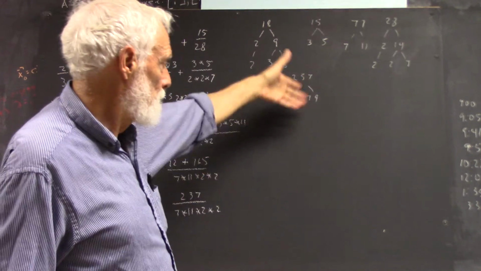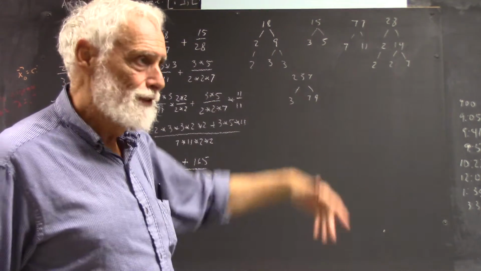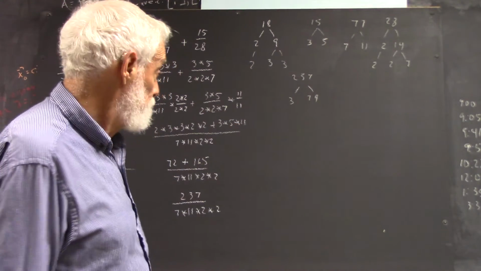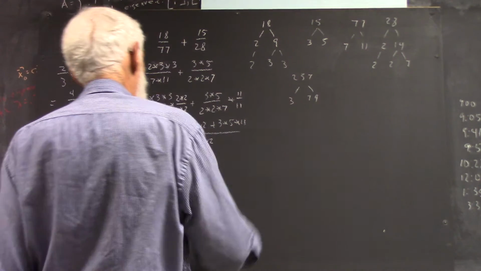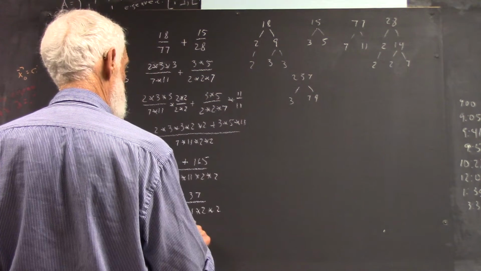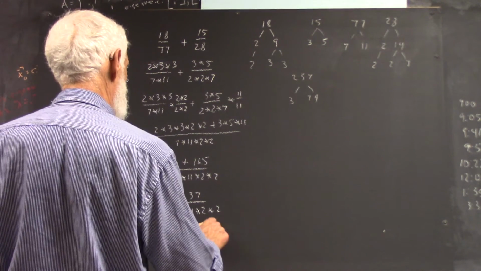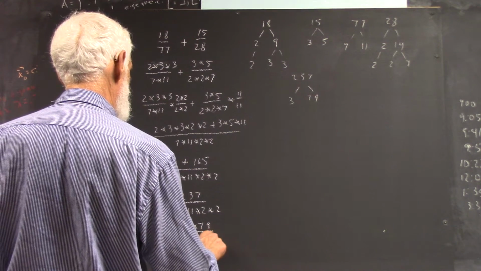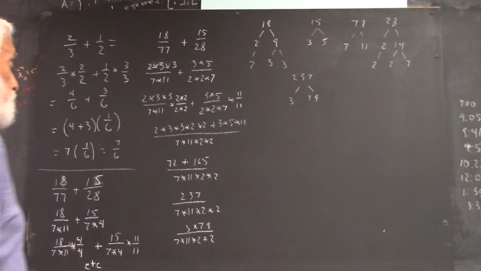In other words, you only go up to the square root of the number, and the square root of this is a little less than 9, right? Because 9 squared is 81. Okay? So now we know that this is 3 times 79 over 7 times 11 times 2 times 2.